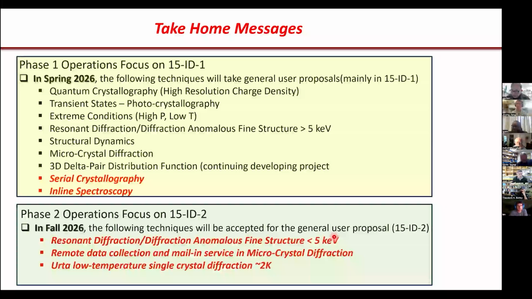Yuxiang, will you also be accepting mail-in samples for just the crystallography, for structure determination of small molecules? If you see the phase 2 on the screen, unfortunately we cannot do it right now.